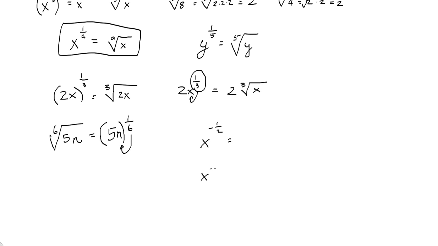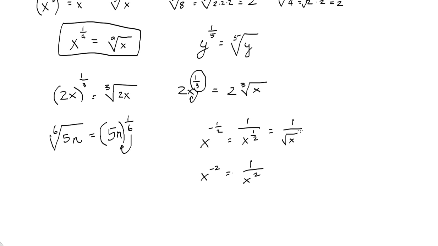Didn't we learn that a negative exponent is simply the reciprocal of the positive exponent? And if you need a little refresher on that, there's an earlier video on negative exponents that you can watch. So it should make sense to you then that this is 1 over x to the 1/2, okay? Which could be written as 1 over the square root of x. And remember, we don't write the 2 in the radical sign there.